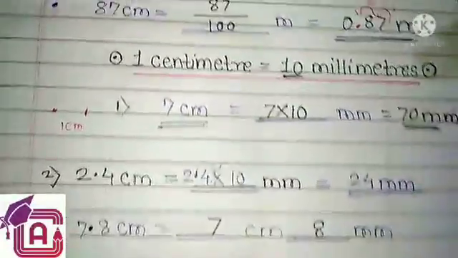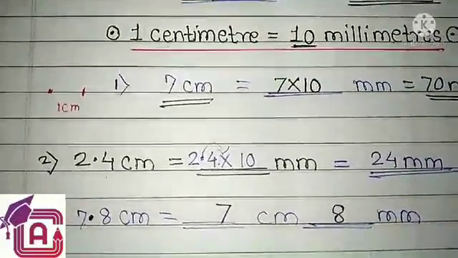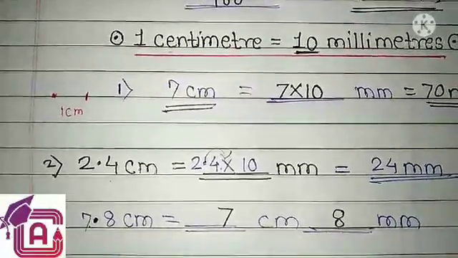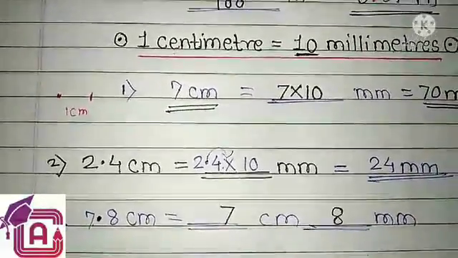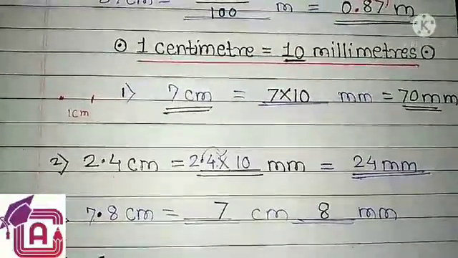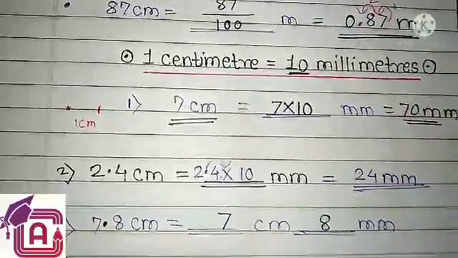If the distance is given in millimeter, 6 millimeter is equal to how many centimeter?